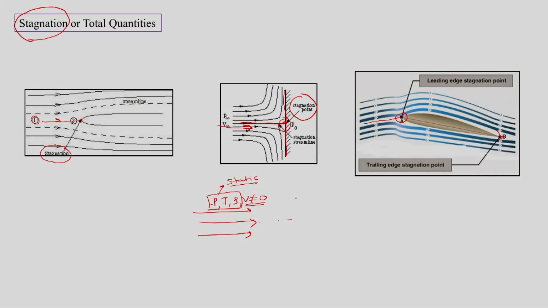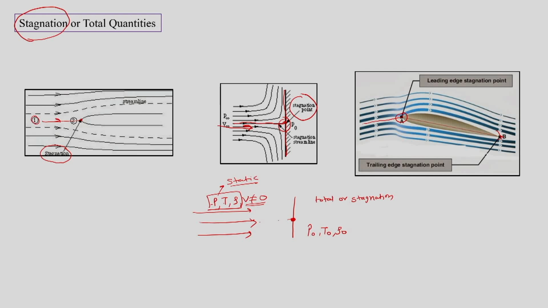But now, if this flow is isentropically stopped, then at this point pressure, temperature and density are called total or stagnation quantities, and generally they are represented as P naught, T naught and rho naught. So these are the stagnation quantities of the flow.